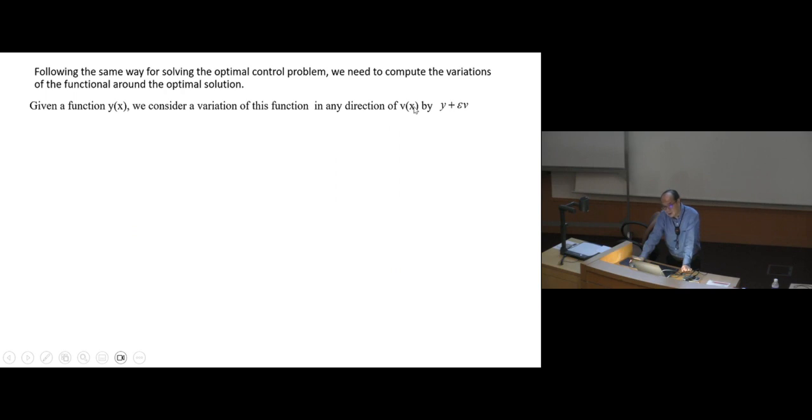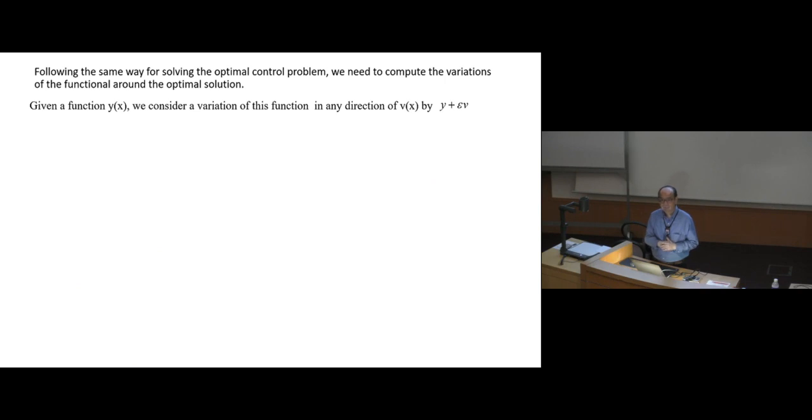We also put an epsilon to control the size of the change. So we change the function from y to y plus epsilon v. This is what we did in the first half. At that time we used a different letter instead of v, so there's a little difference, but the idea is the same. We want to evaluate how the functional changes in the neighborhood of one function.